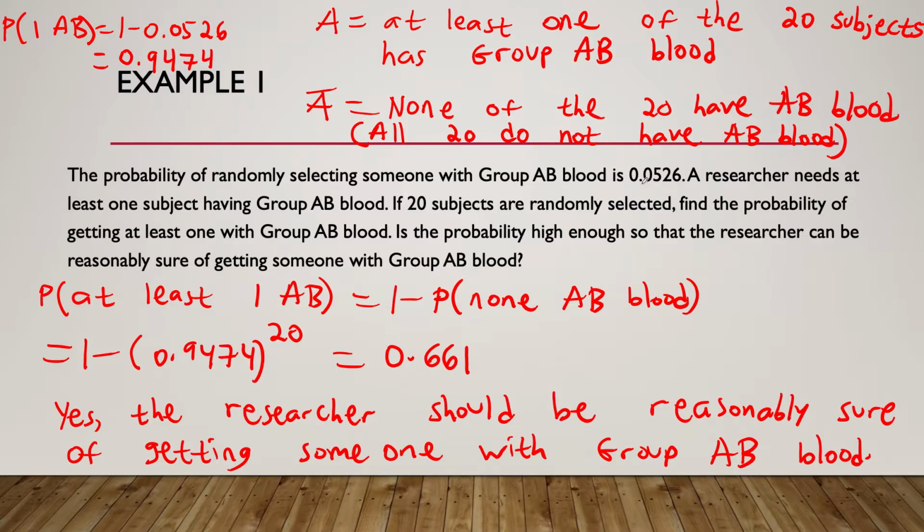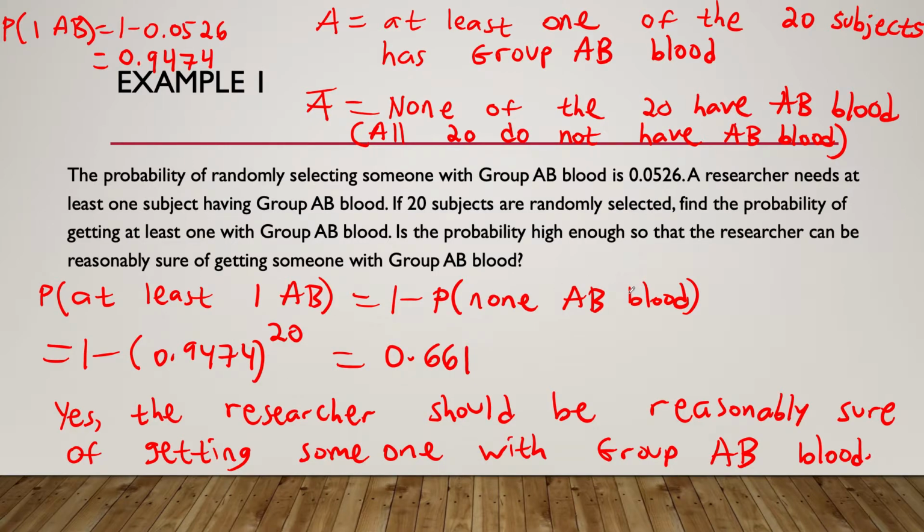But in order for us to do that, we would need the probability of one person not having AB blood. That would be the same thing as 1 minus the probability of having AB blood. So 1 minus 0.0526, that's 0.9474.